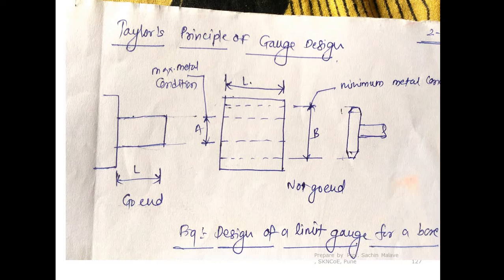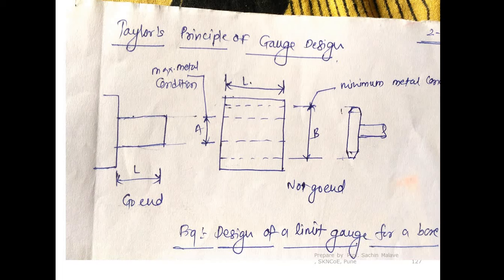So we can say the maximum metal condition and minimum metal condition. When the hole is at minimum size, there is a maximum metal condition. When the hole is at its maximum size, there is a minimum metal condition. And the go and no go gauges that you have designed, these gauges check both these conditions.